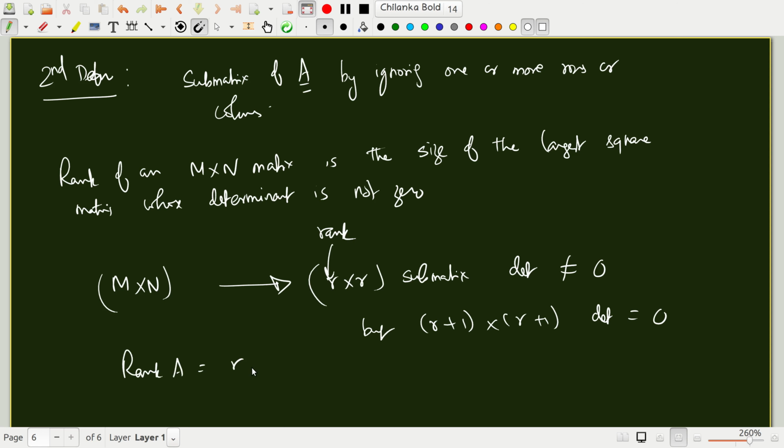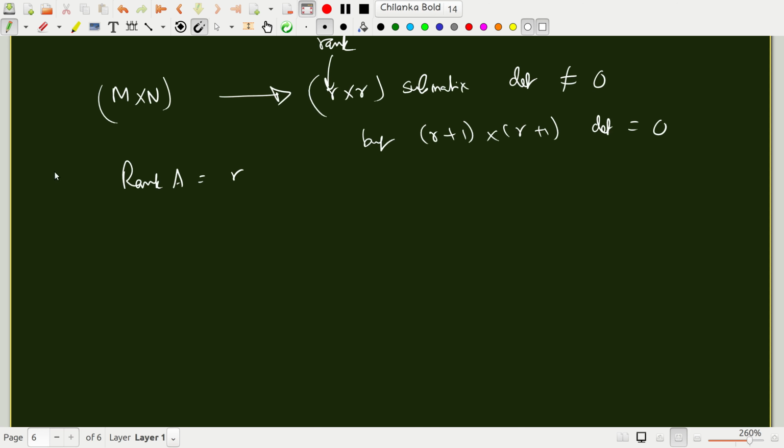Okay, now before I do that for a square matrix, we can in general say that the rank r of an m by n matrix is less than or equal to the smaller of m or n.